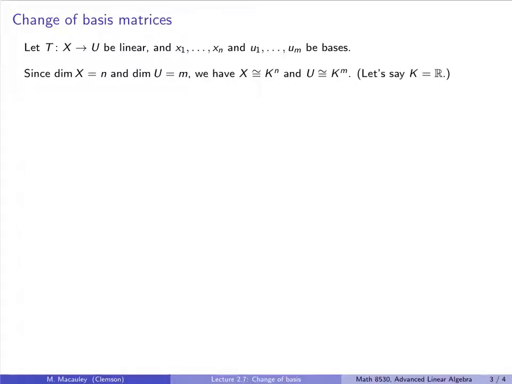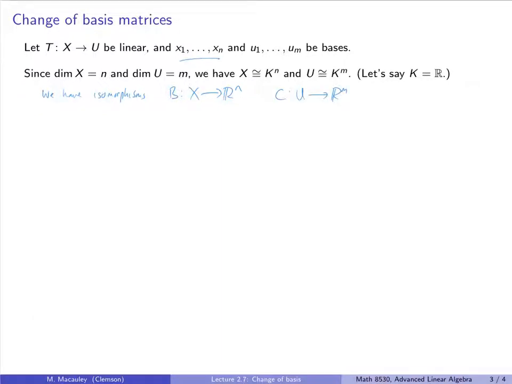So what this means is that we have isomorphisms. Let me write this down. We have one, called B, from X to R to the n, and C from U to R to the m.